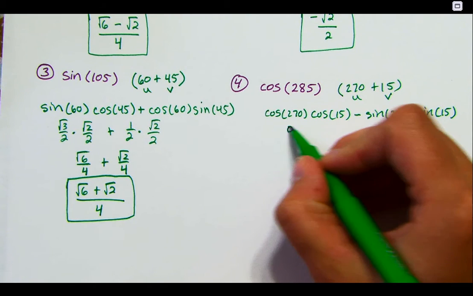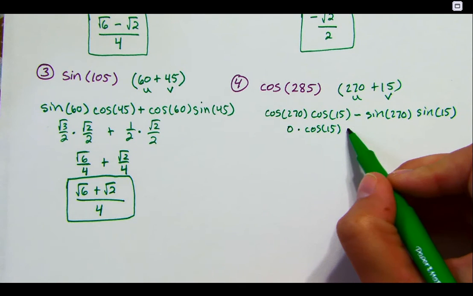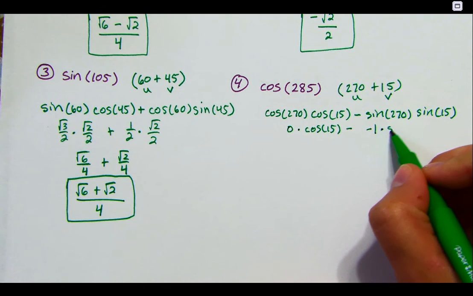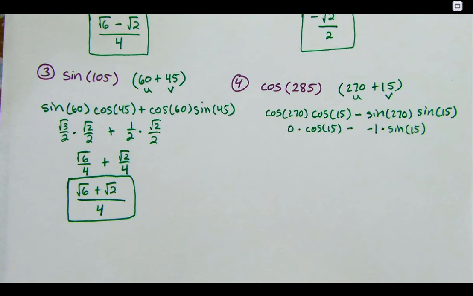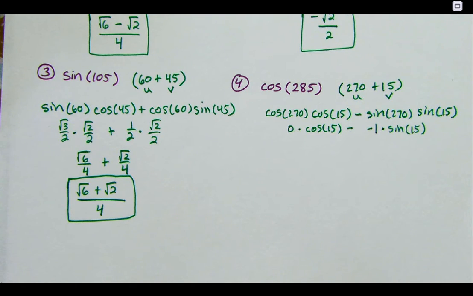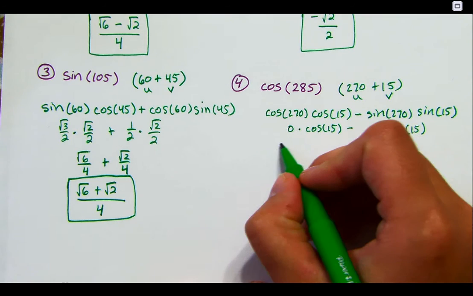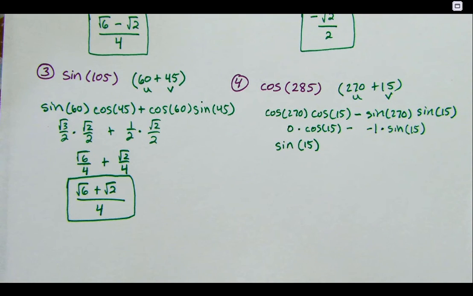So this is going to be 0 times cosine 15, and then minus, and this is a -1 times sine of 15. Okay. So that means that this cancels because 0 times anything is just 0. And then if I have a -1, that's going to give me sine of 15. Okay. And now we're just going to repeat the process.